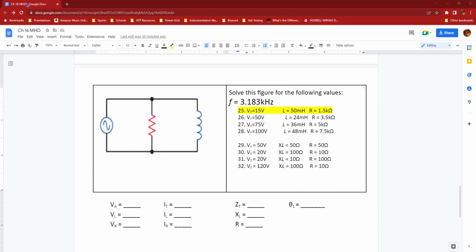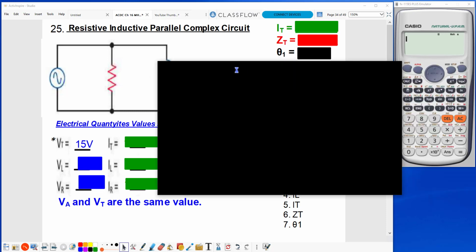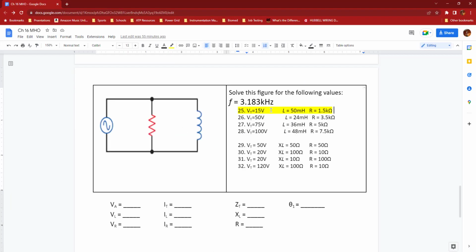So let's get started here, and you'll see that I've already entered in my known values. My frequency here of 3.183 kilohertz I also got from the math handout right here. You'll use that frequency for problems 25 through 32.